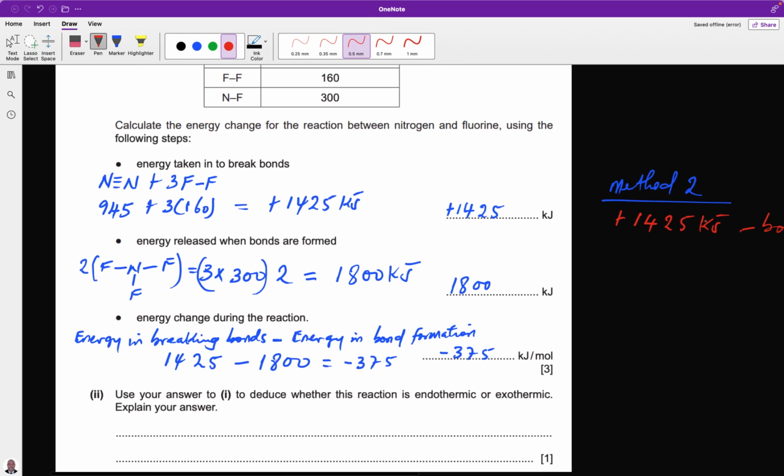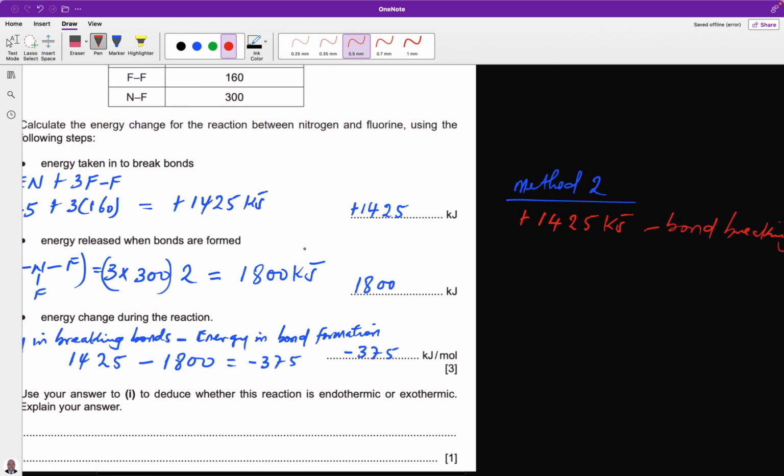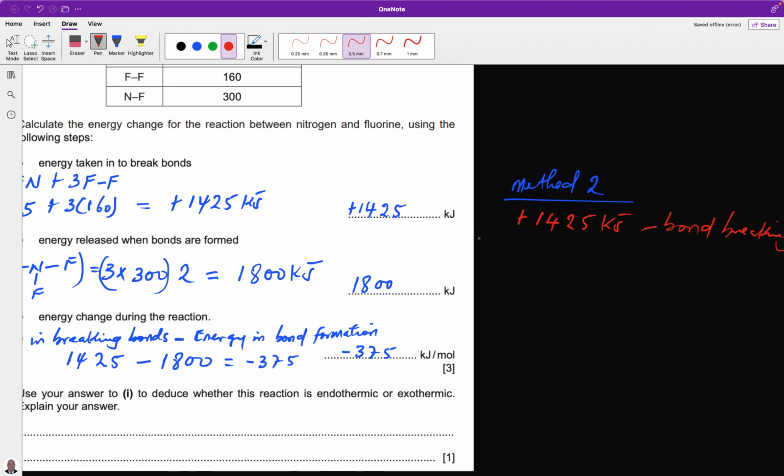Then, energy released when bonds are being formed. As I earlier told you, when energy is released to the environment, it is exothermic and it has a negative value. So, for bond formation, instead of 1,800, we will have negative 1,800 kilojoule. That is bond formation.